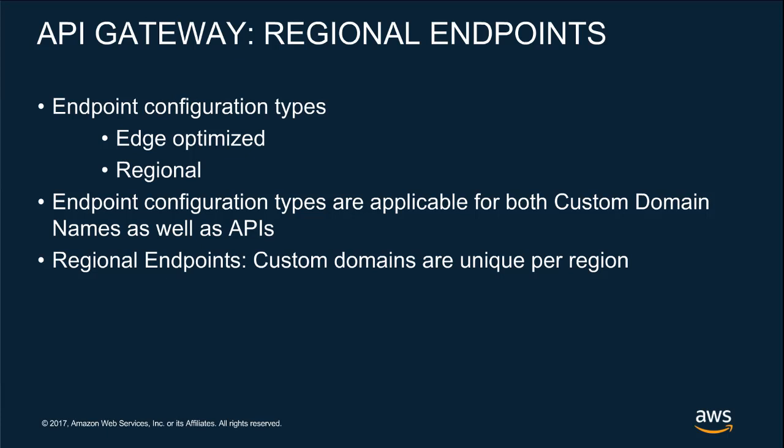The newly introduced regional endpoint type places the endpoint within a region, but also allows us to create duplicates of the API in other regions. One of the key concepts to make this work is that this applies to custom domain names as well. So we can create a domain name for an API, for example, in this case, api.foodforthought.com. We can do that in each region, as custom domain names are now unique per region.